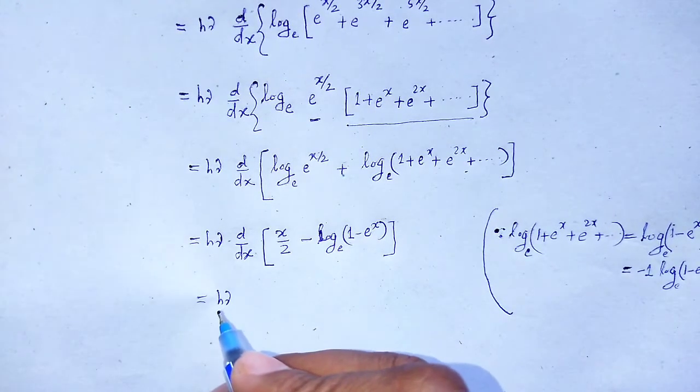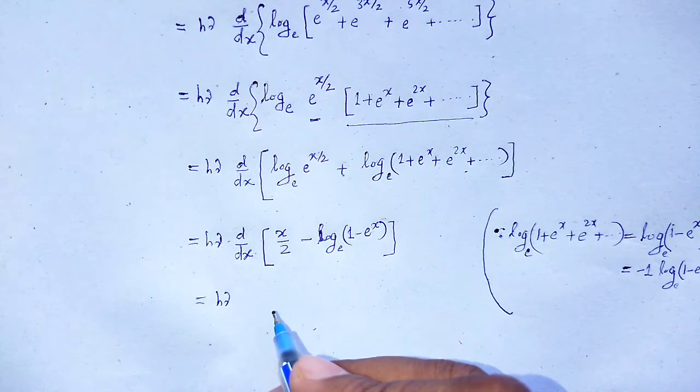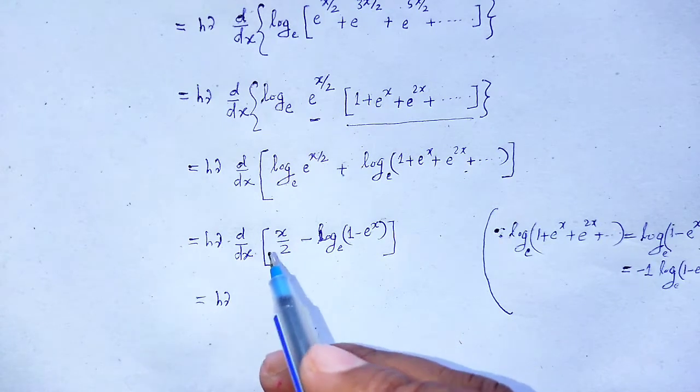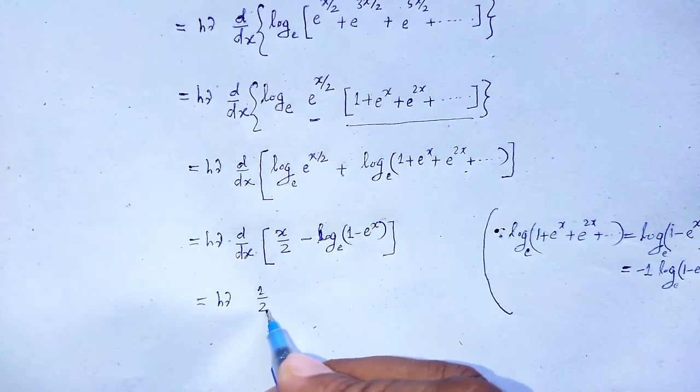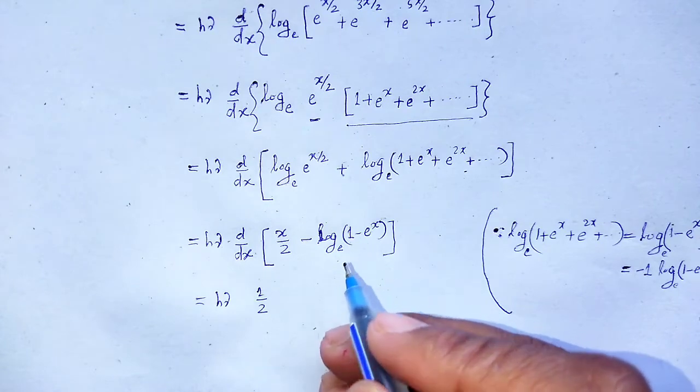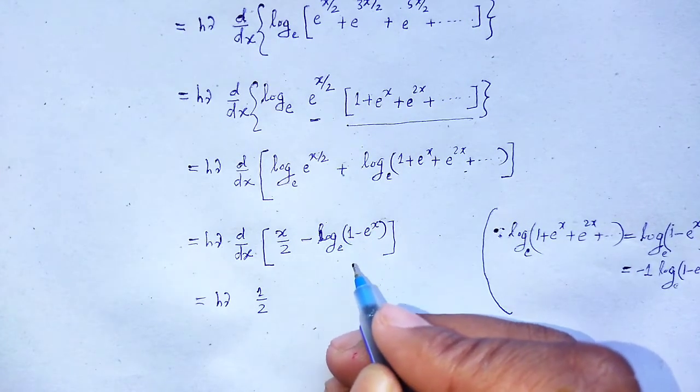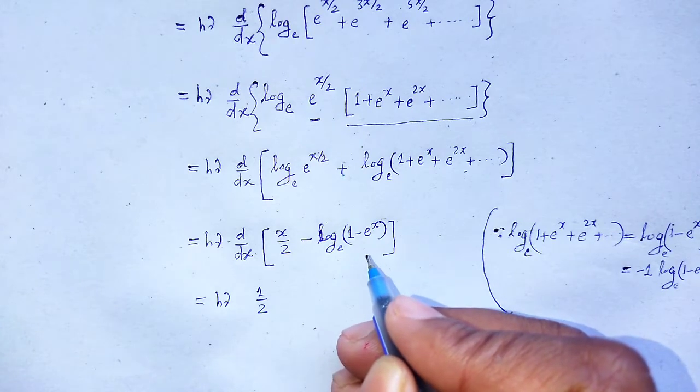is equal to h nu times the derivative of x by 2, that is half, minus the derivative of that log term. So minus 1 divided by 1 minus e to the power x.